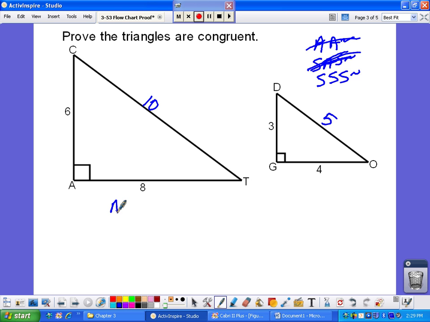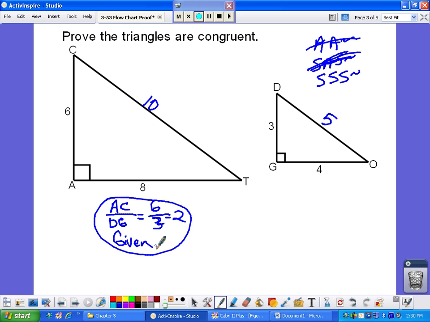So AC over DG is the same thing as 6 divided by 3, which equals 2. And how do I know this? Do I have to calculate anything? No. Everything was just given to me. So I write given. The next side I have is AT over GO. And that would be the same as 8 over 4, which is 2.